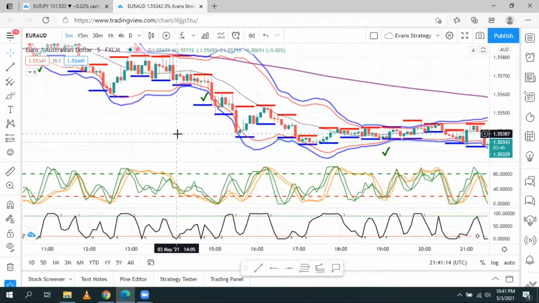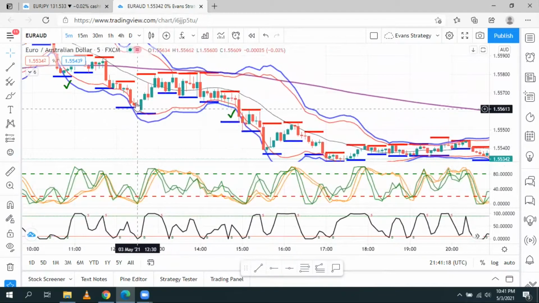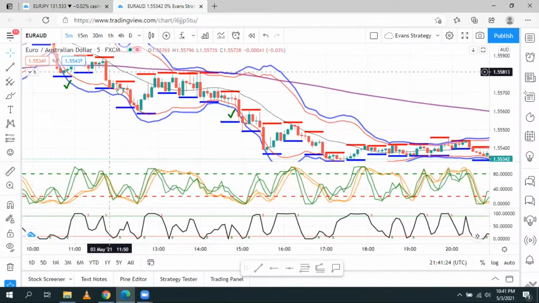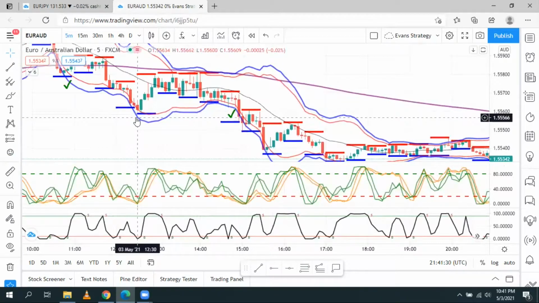What is the first one? You need to see the market touching this lower Bollinger Band. The moment you see the market entering this lower Bollinger Band red line, moving to that green line, that's the signal to tell you to expect the market to go up anytime soon.